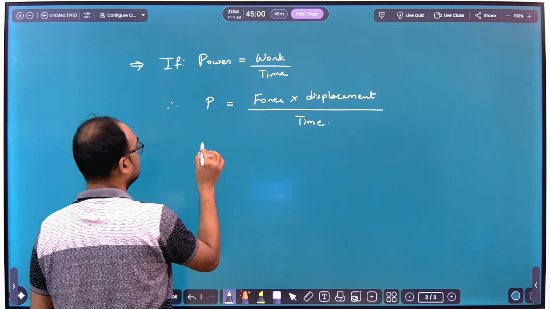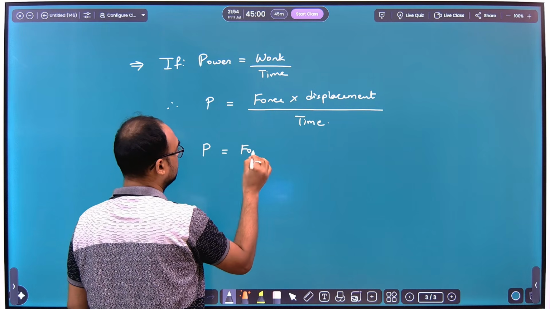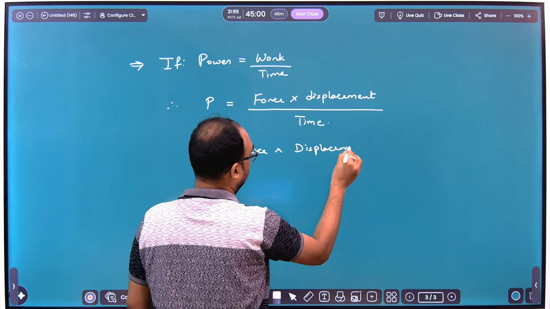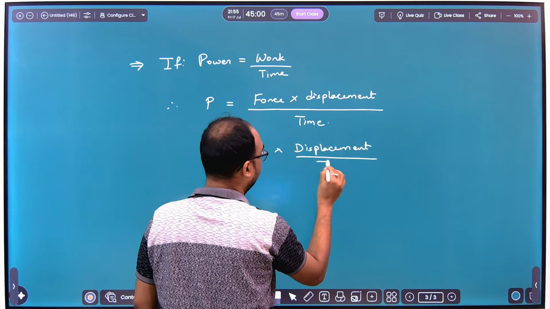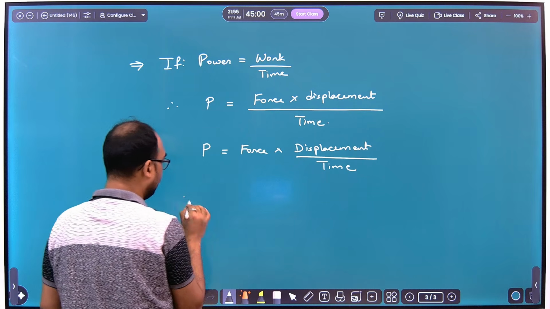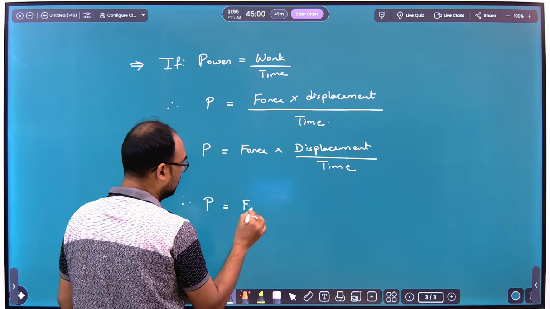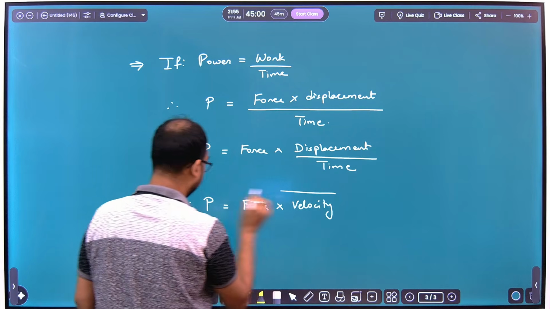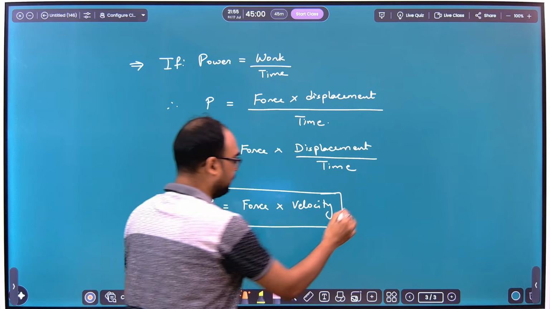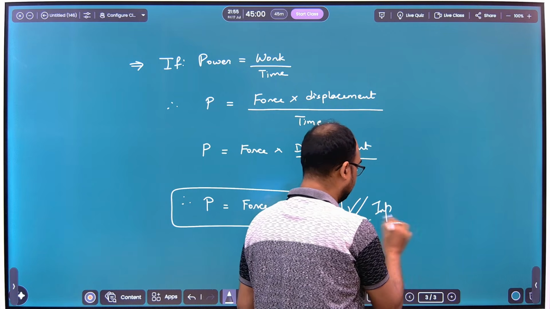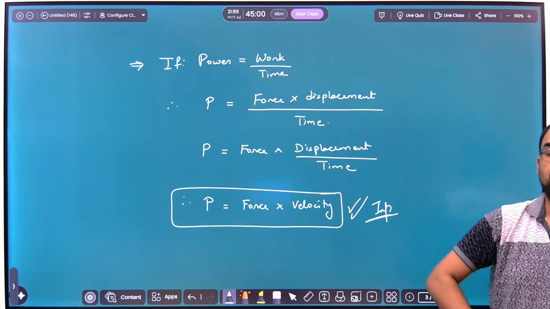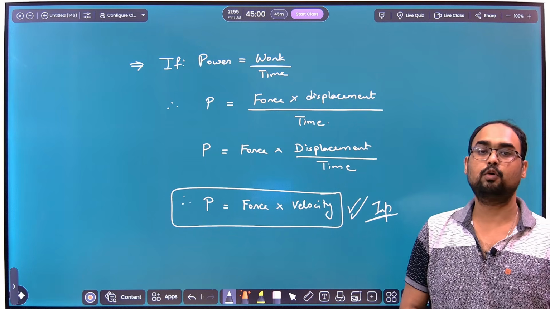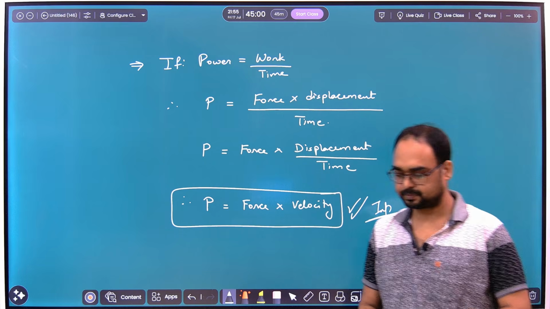So if I just write it down like this, force into displacement by time, then power becomes force into velocity. This is a very important formula for the concept of power, to do the sums of power, that is force into velocity.